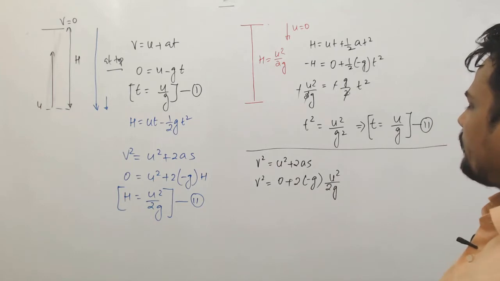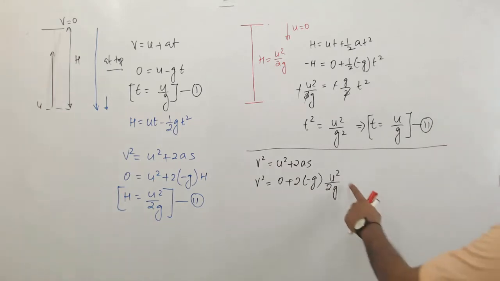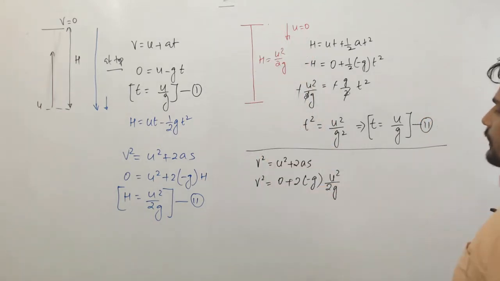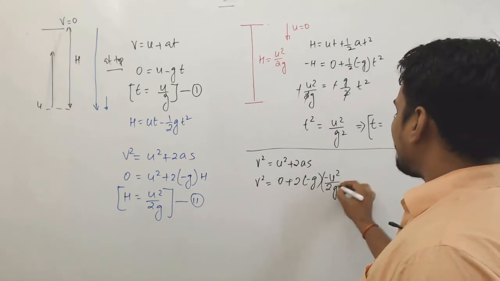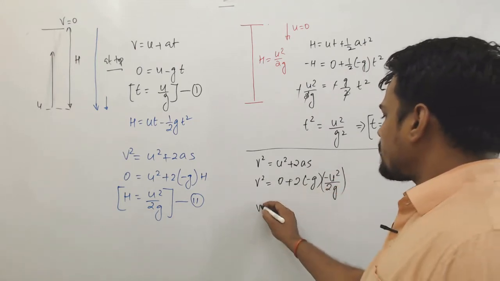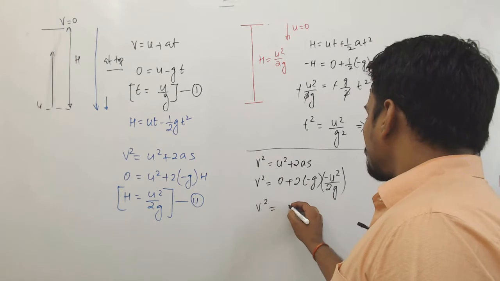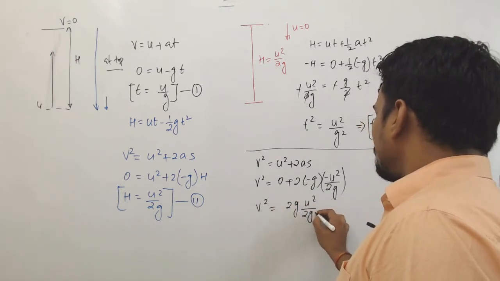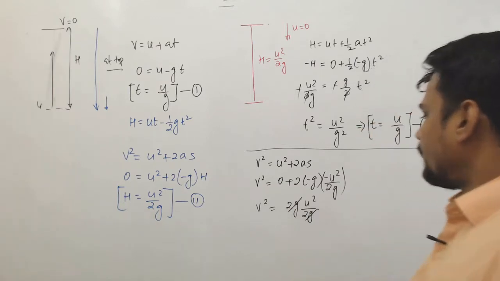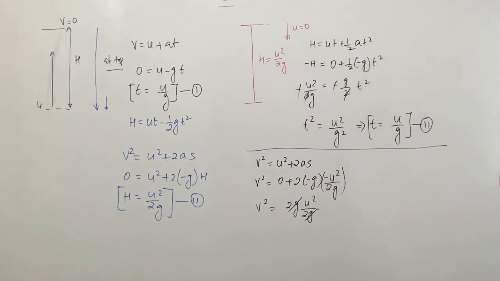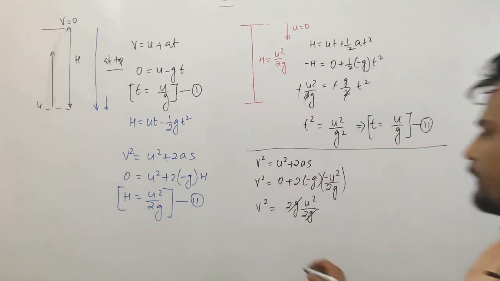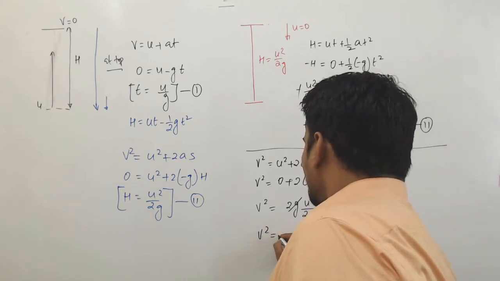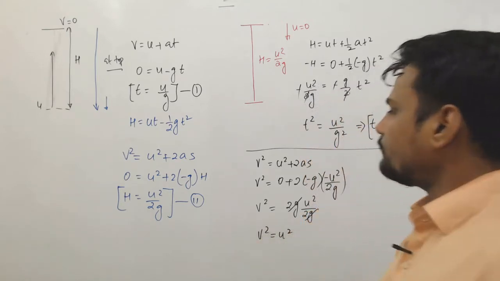Now this is going to be negative, the reason being it's coming downward, so this should be a negative h. So v square gives you 2g times u square upon 2g, which cancels. So v square is equal to u square.